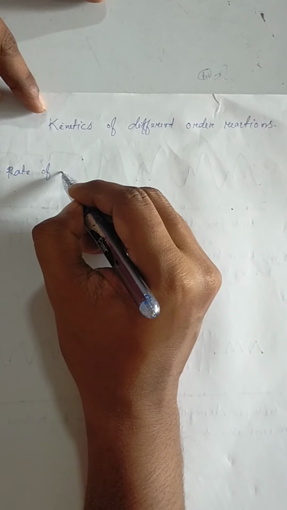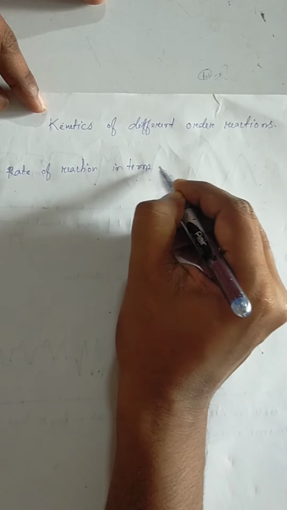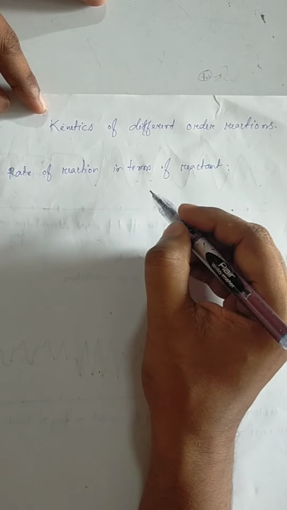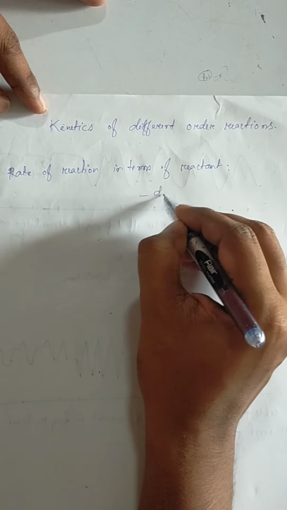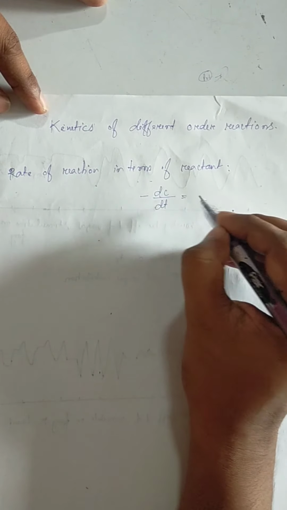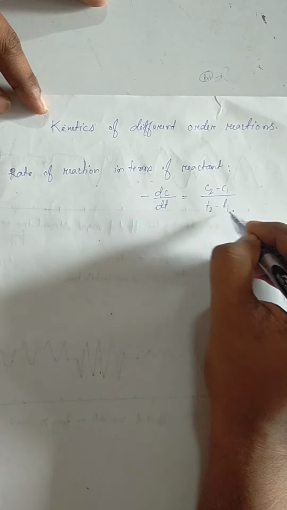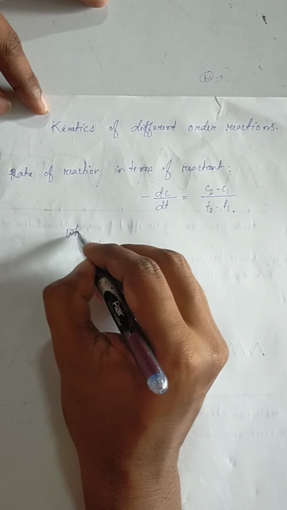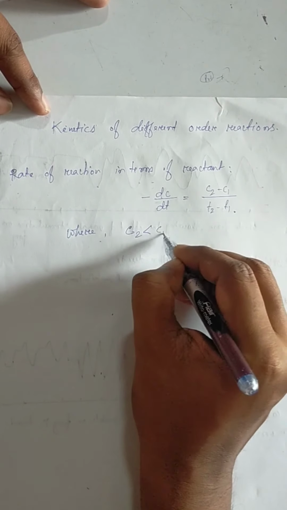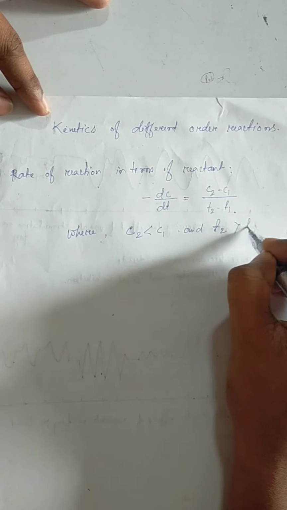Rate of reaction in terms of reactant will be minus dC by dt, which is C2 minus C1 over T2 minus T1, where C2 is less than C1 and T2 is greater than T1.